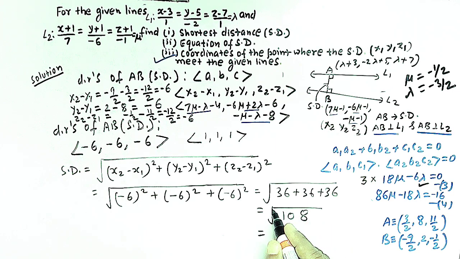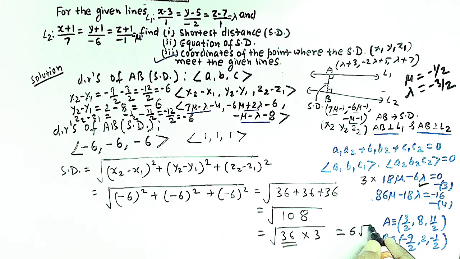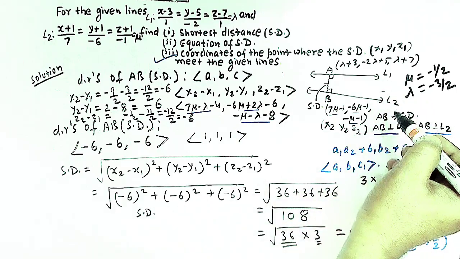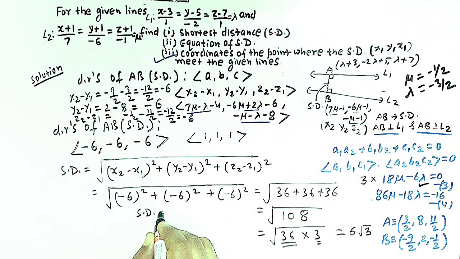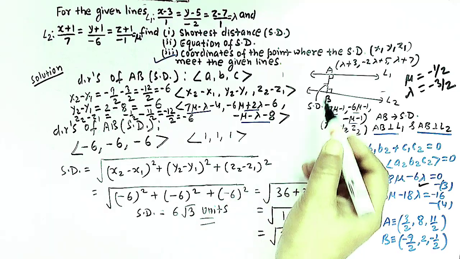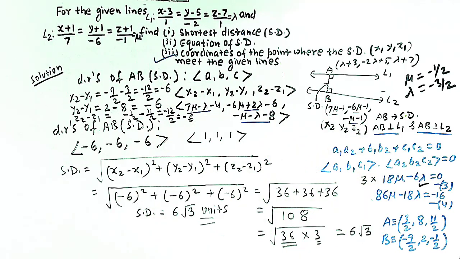So we can now write square root of 108 as square root of 36 times 3. The square root of 36 is 6, so we have 6 times square root of 3. So the shortest distance between these two non-coplanar lines is given by 6 times the square root of 3 units. And this is how we can find out the shortest distance.